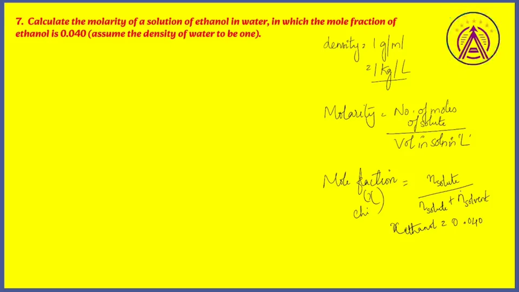One more thing you need to remember is that mole fraction of your solute plus mole fraction of your solvent always ends up being 1. So chi of your solute plus chi of solvent is always 1. Since it's a fraction, when you add two fractions, you get a whole number, right? So similarly here, mole fractions of your solute and your solvent always end up being unity.